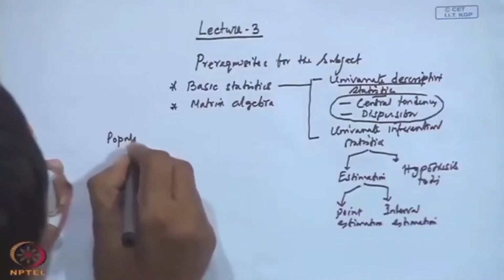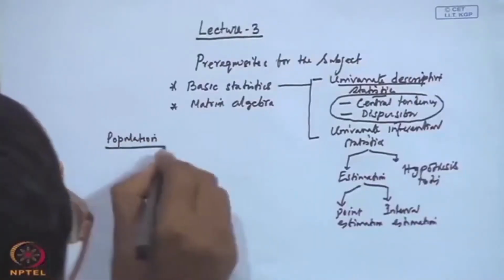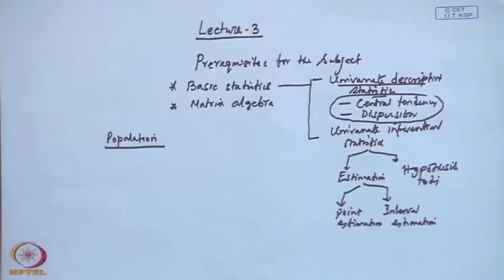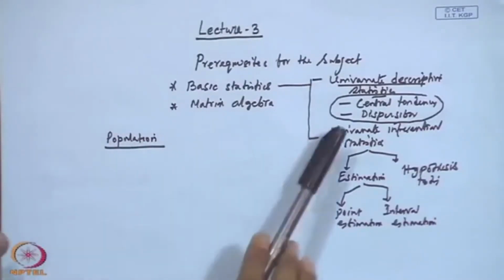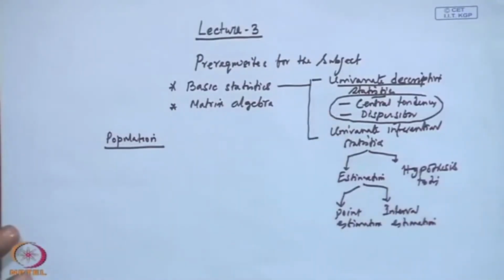Now, do you have any idea about population? What do you mean by population? In general sense, we say the population of West Bengal, population of India, but in statistics this population has a much broader sense.